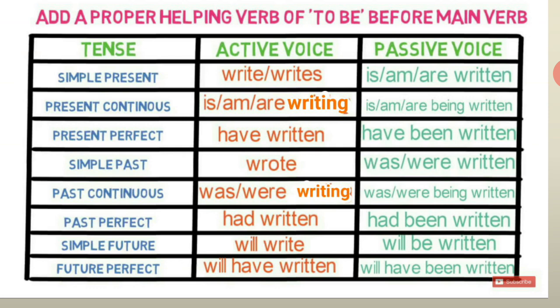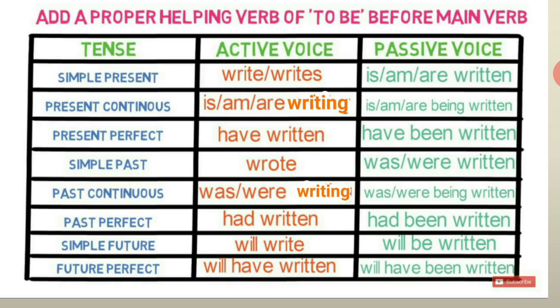Then the second tense is present continuous tense. In active voice, we will use is, am, are, writing. And while changing into passive voice, what we write is, am, are, being, and the third form of the verb, that is written.